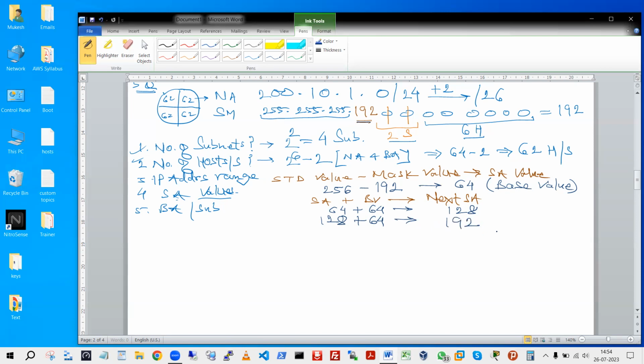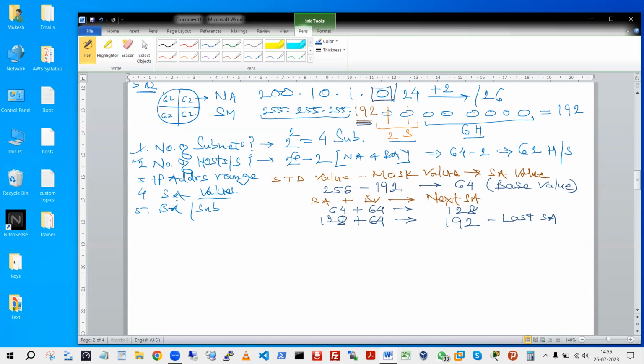You are going to stop here now. क्यों? Because this value 192 equals your mask value. Mask value अभी 192. So कहने का मतलब क्या है? You have to keep on adding this base value every time to this subnet address value till you get the value equaling your mask, and that is going to be your last subnet address. तो याद रखिए लास्ट सबनेट एड्रेस हमेशा मास्क वैल्यू के इक्वल होता है और पहला सबनेट एड्रेस हमेशा नेटवर्क एड्रेस वैल्यू के इक्वल होता है, which is 0 here right now.